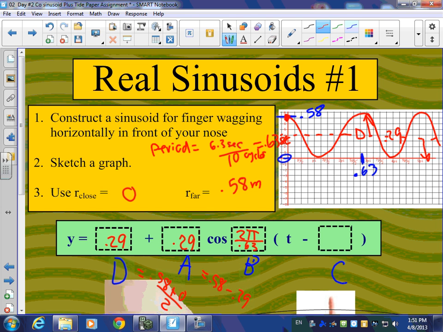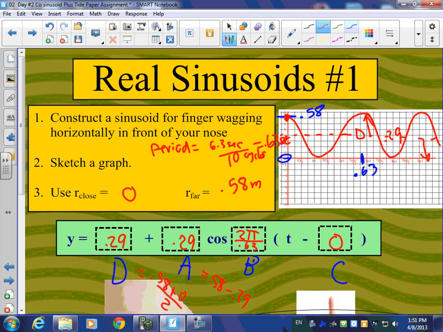Close or far away? Far away. And that's 0 is where it was furthest away. And so t minus 0. I like using 0 every time because I can choose where it is. And there you go. There's a cosine. That's a graph that tells you how far away your finger was going that fast every second. It's pretty cool. You can do that.